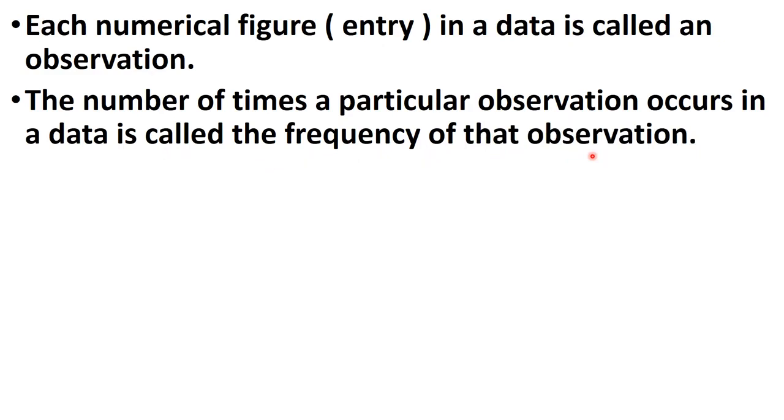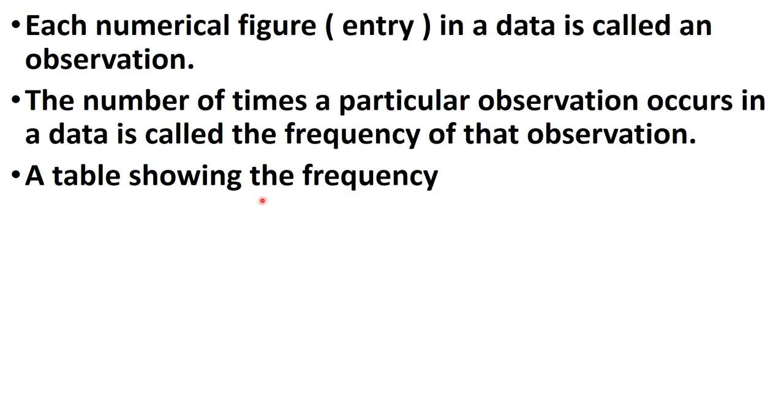Suppose in a class of 40 students, 10 students got 15 marks. So 10 is the frequency. It is the number of times a particular observation occurs.